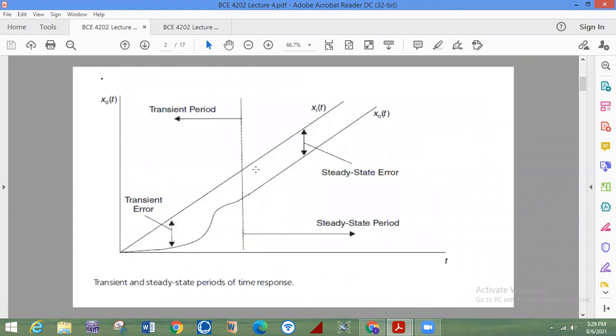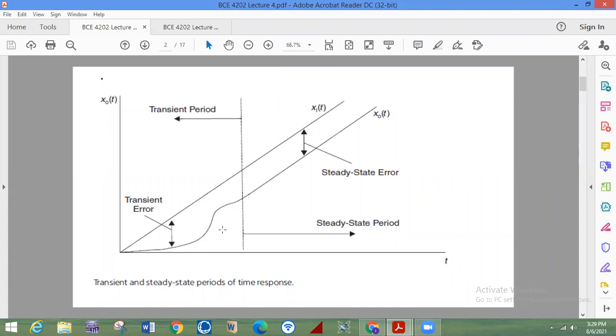So the steady state occurs after the transient period. This is the transient period as clearly shown on this graph, and the steady state period happens after the transient period.